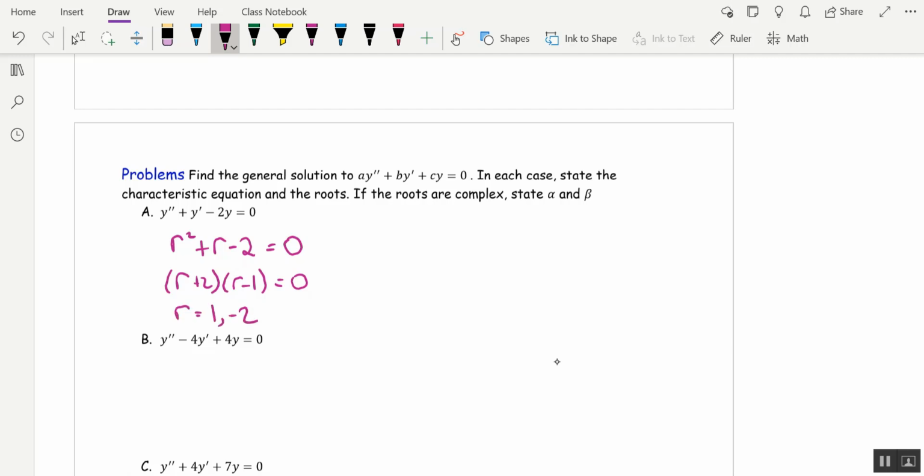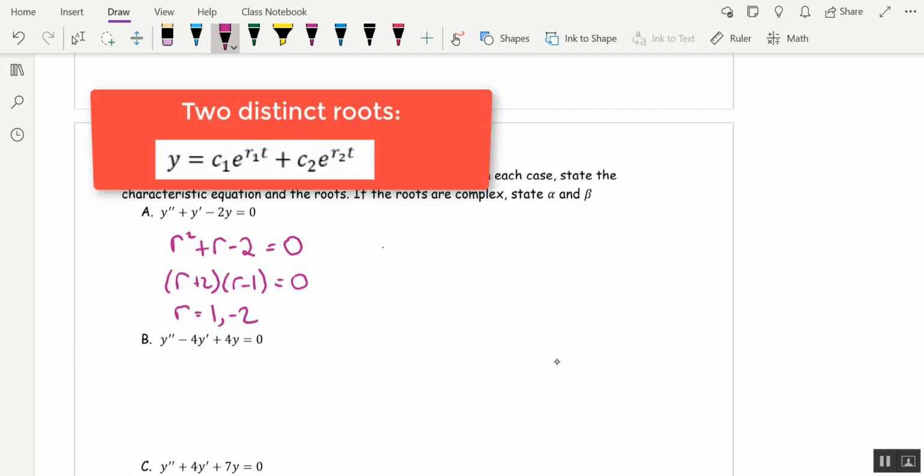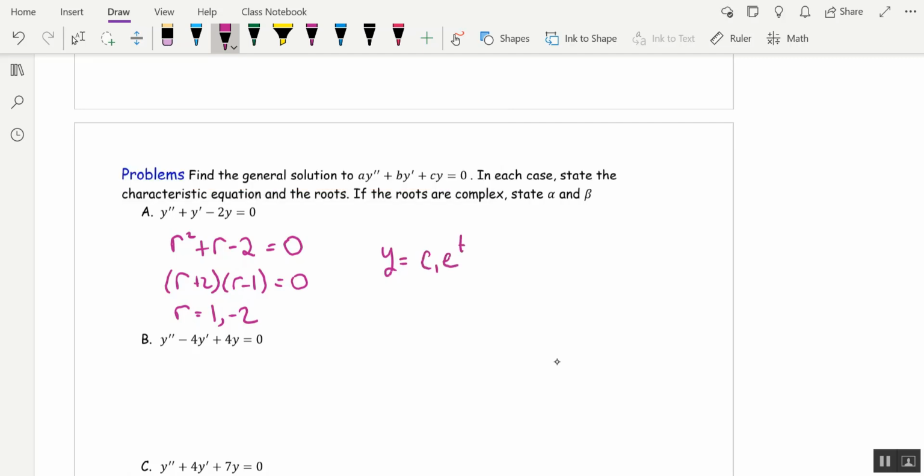So we're starting out with a review of what we did last time. In this case, our general solution, this is the easiest case, y equals c1 e to the t plus c2 e to the -2t. And again, the order doesn't matter. Next one, characteristic equation is r squared minus 4r plus 4 equals 0.